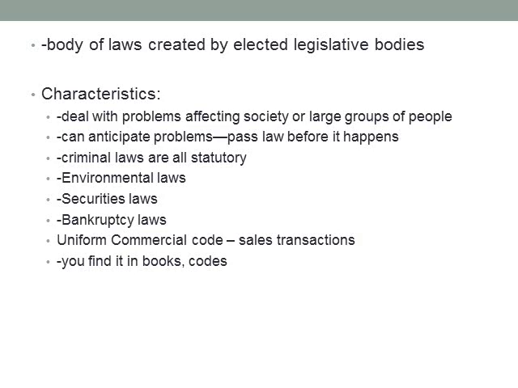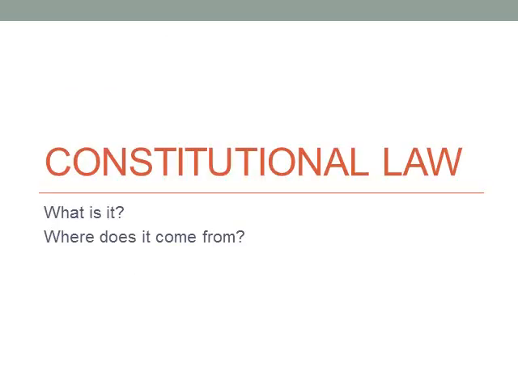Our bankruptcy laws are also statutory laws, the securities laws for the Securities and Exchange Commission, and the EPA and the environmental laws. So those are all statutory. There's tons more. These are just some examples. So that is our statutory law, and we're going to be using lots of those in this class.